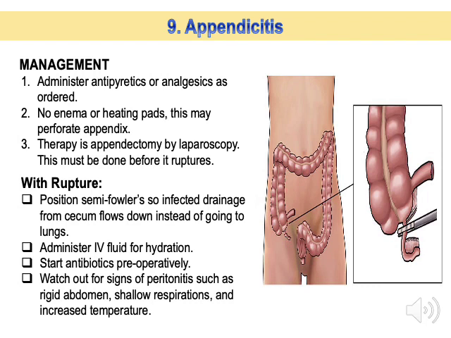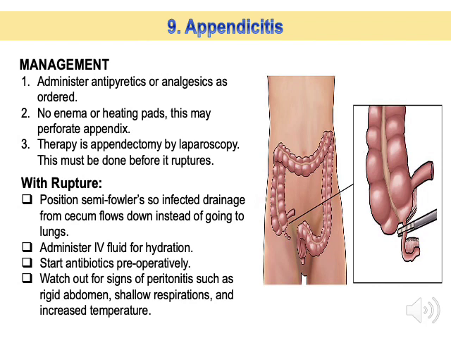But if the appendix has already ruptured, it is important to monitor for peritonitis. Generally, the children appear severely ill, and WBC rises to more than 20,000 per cubic millimeter. First, position semi-Fowler's so that the infected drainage from the cecum will flow down instead of going to the lungs.